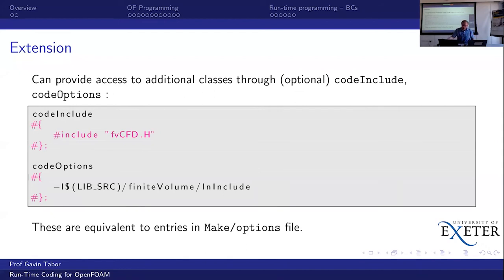If you want more, then there are various code include and code options you can use here, and these enable you to access all the things you would typically access in the make options file. So include files here, which will give you access to the definitions of a much wider range of OpenFOAM objects, and code options, which enables you to link to various libraries dynamically during the compilation process. So that's something which you may need to do if you're going to do anything a bit more sophisticated here.